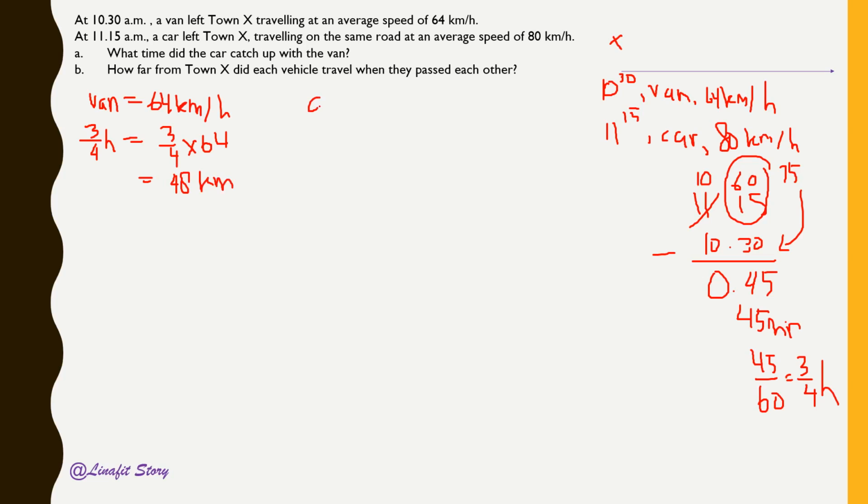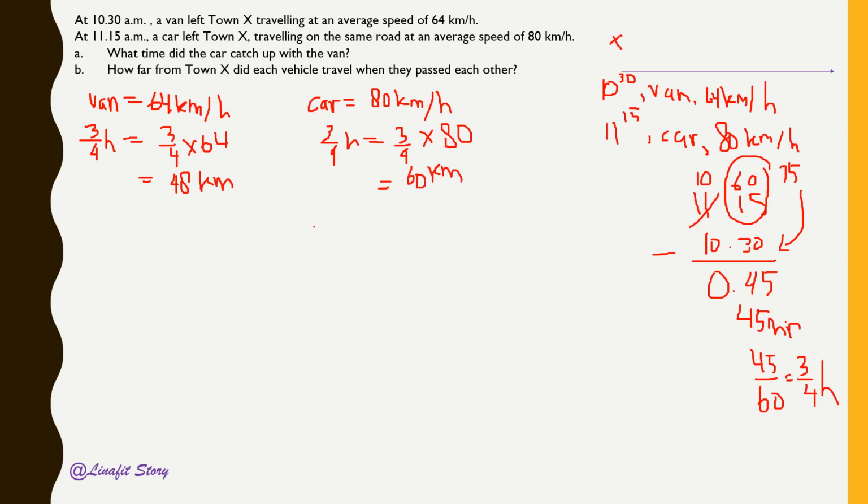And then for the car, the speed of the car is 80 km per hour. So this means in 1 hour it traveled 80 km. How about 3/4 of an hour? Equals 3/4 times 80 equals 60 km.